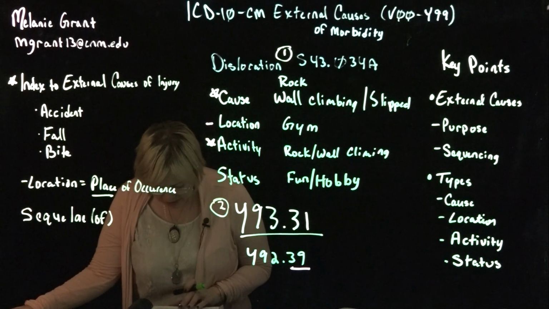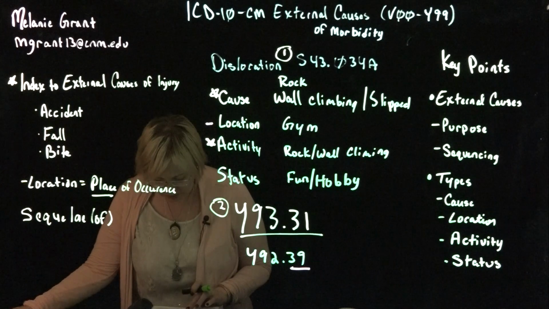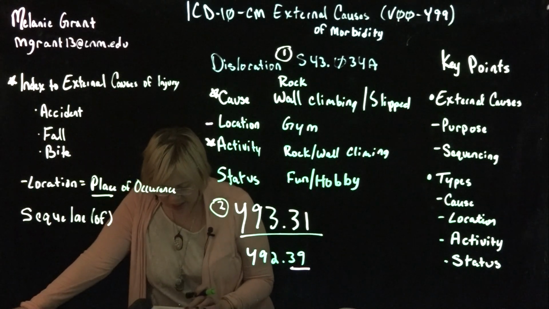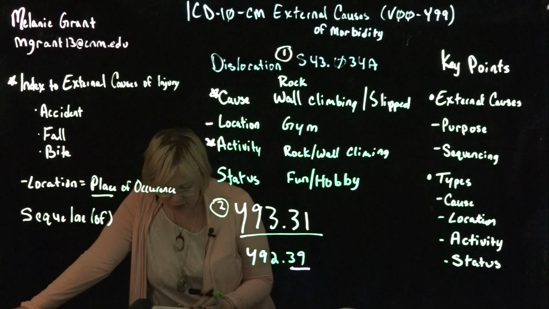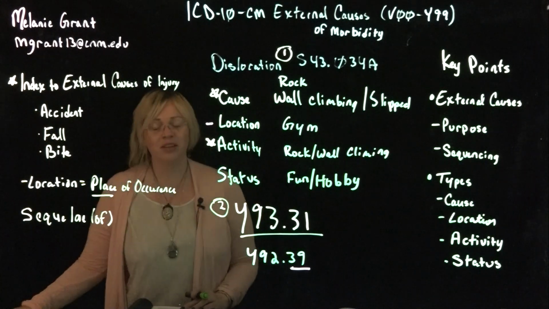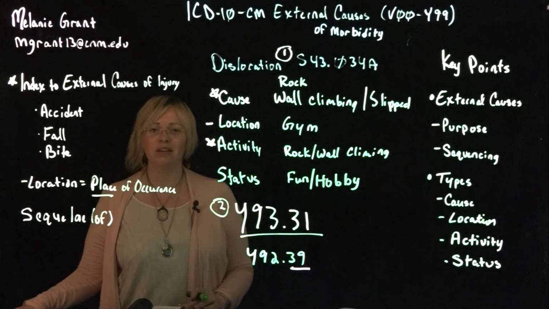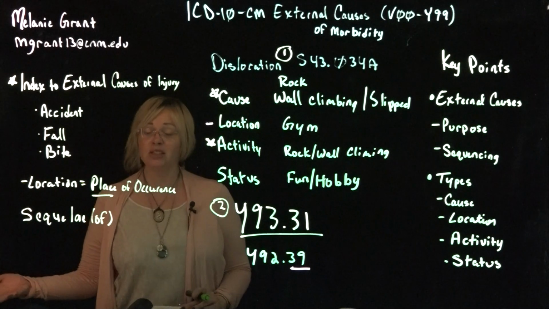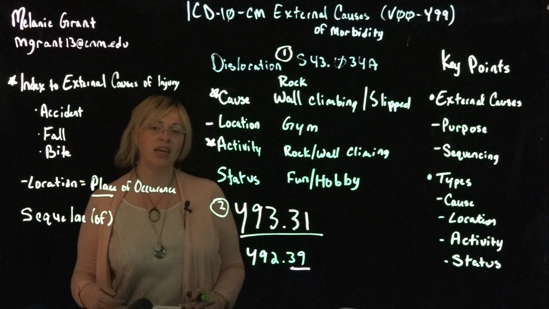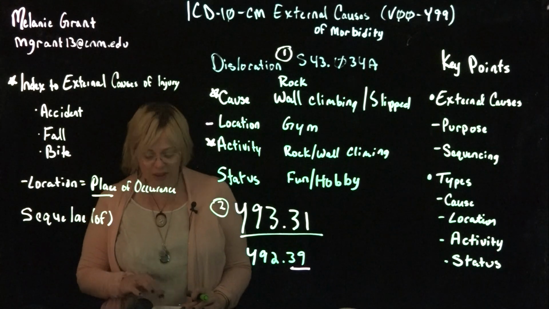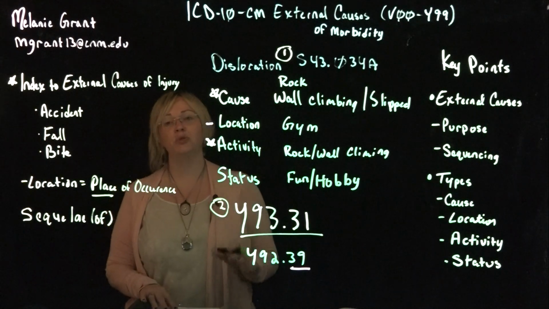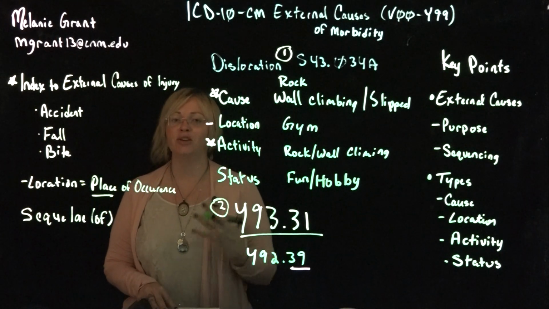Now for this one, we said it was a hobby. They were learning to do something, and if you look at the definition, it's a hobby not done for income. Now, I might argue and say, well, it was also a leisure activity. She was learning it for fun, or at least I would think so. And it doesn't exactly specify, so we can't assume here. The only thing we can determine from this is that she was learning to do something which is considered a hobby.